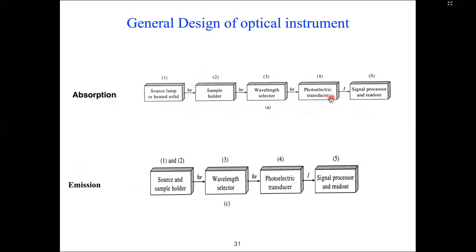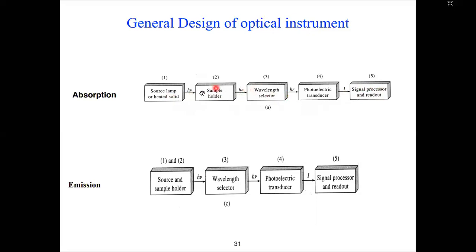So the photoelectric transducer is the detector, and from that detector, you convert those information into electric signal, and it goes into the signal processor and readout device. So again, you have H mu, which is the energy coming out of the source, that goes into the sample. You have H mu coming out, goes into the wavelength selector, H mu coming out.